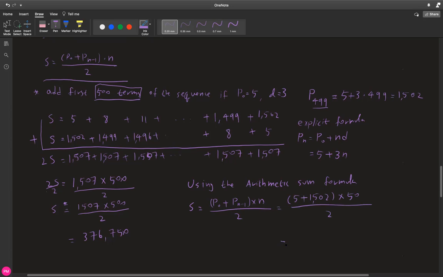Make sure you do the addition first because these are in parentheses. If you add 5 to 1502, you'll have 1507. Sorry, this is 500, and this is actually multiplication.